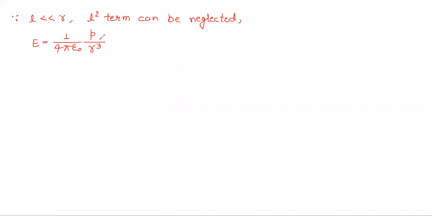That's why the L square term can be neglected. Then our formula will reduce to E is equal to 1 upon 4 pi epsilon naught P upon R cube. P is the electric dipole moment. This is equation number 3.